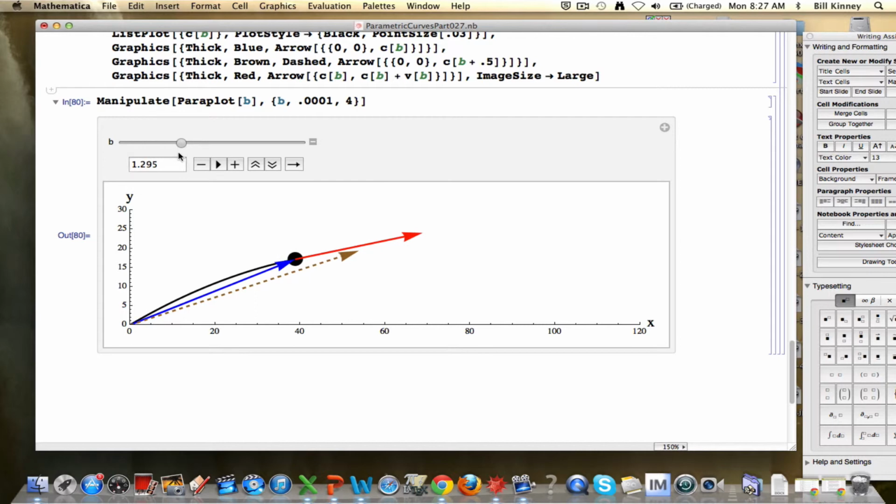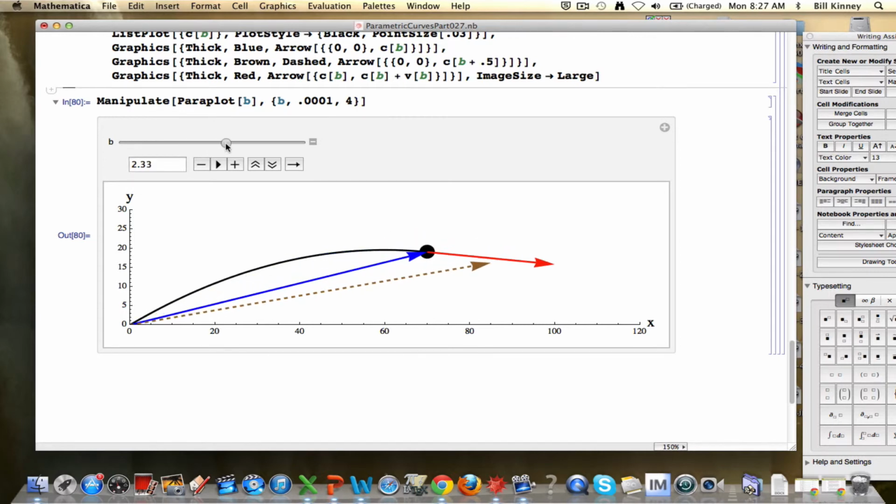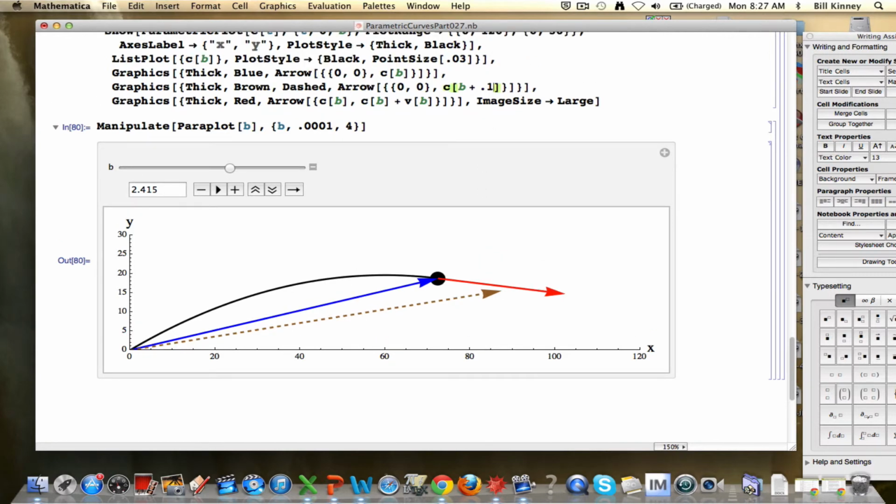What I want you to notice here, what I want you to observe, is that the red vector, the velocity vector, almost points in the direction between the position vector at time B and the position vector at time B plus 0.5. Another thing I'm going to do is make this 0.5 even smaller now. Let's go to 0.1.